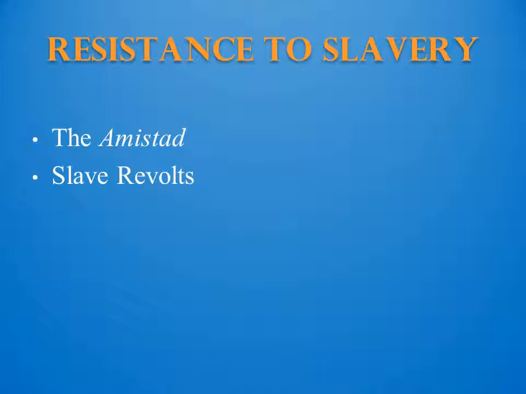Now, slaves in America very rarely mounted organized rebellions within the United States. The four largest conspiracies in American history happened between 1800 and 1831. The first was Gabriel's Rebellion in 1800, which was then followed by an uprising on sugar plantations in Louisiana in 1811, in which several hundred armed slaves who tried to march through New Orleans were defeated in a very bloody encounter with militia and federal troops.